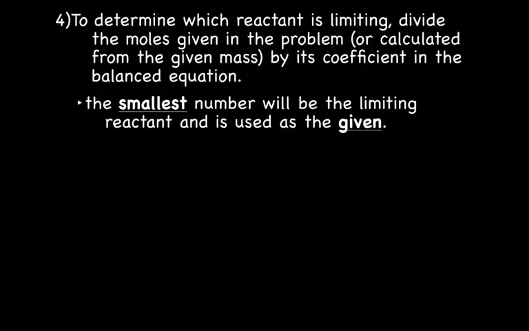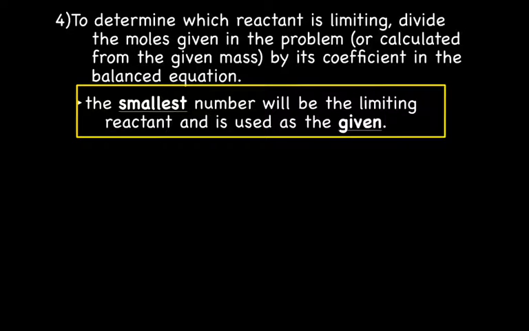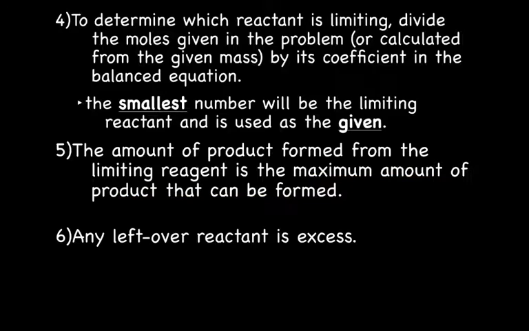And the smallest number from step 4 will be the limiting reactant, and that is the one we're going to use as the given. The amount of product formed from the limiting reagent is the maximum amount of product that can be formed. And any leftover reactant is going to be the excess reactant. Okay, so it sounds a little bit weird, it's actually not too bad.